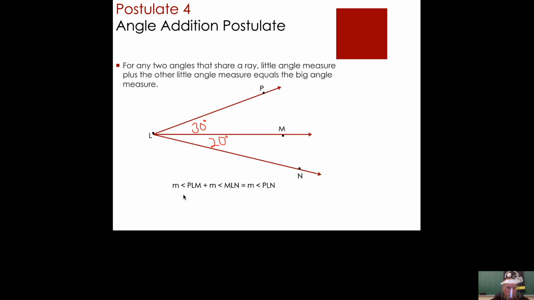If you know that this angle is 30, then this angle is 20. What's the measure of the big angle? You just add the 2 little ones. So 30 and 20 gives you 50.